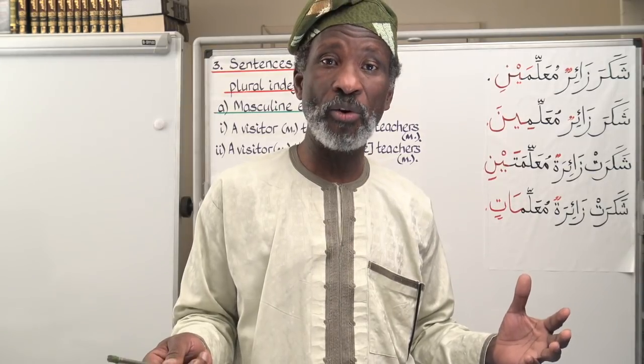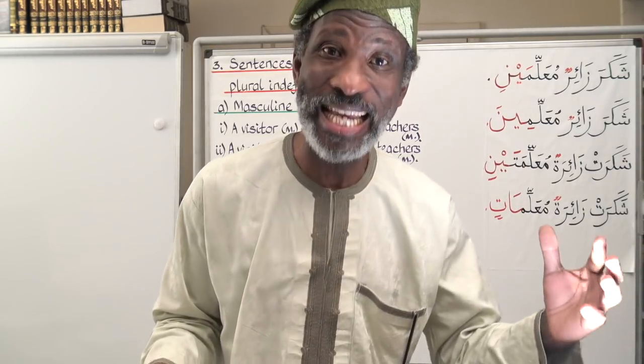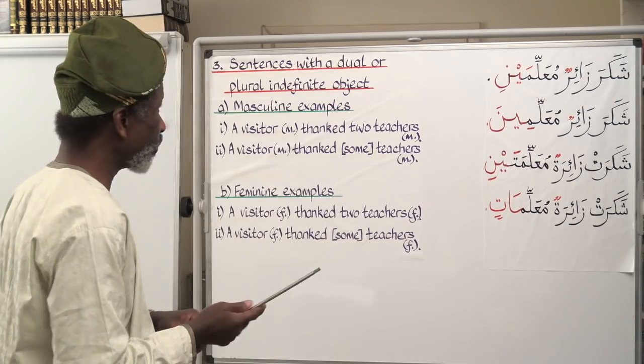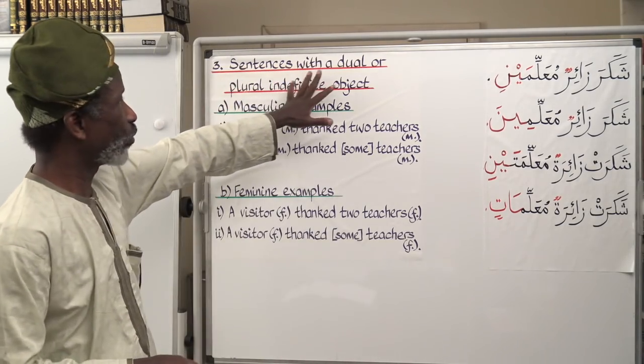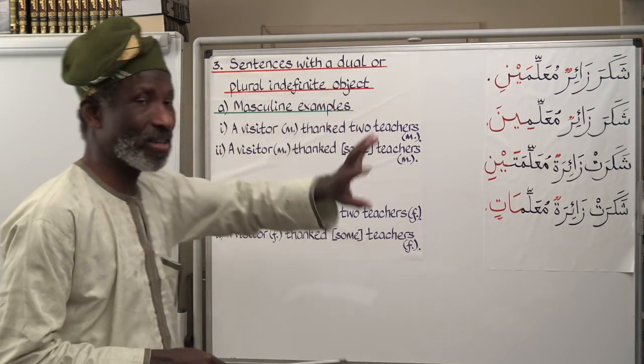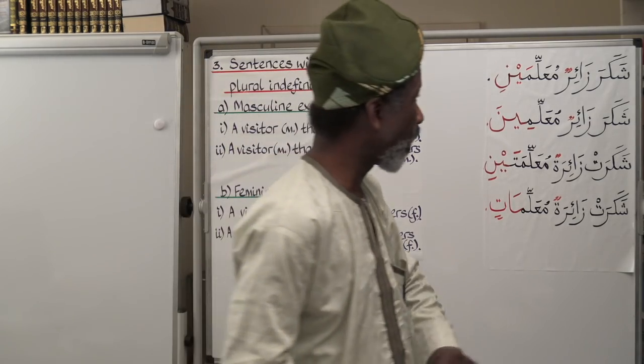The next now is to make the object within the sentence dual as well as plural, and see the case ending that it will be carrying. That means, let's look at the other area of accusative case ending. Right, the first one we have here, so we have sentences with a dual or plural indefinite object. This is the indefinite one.